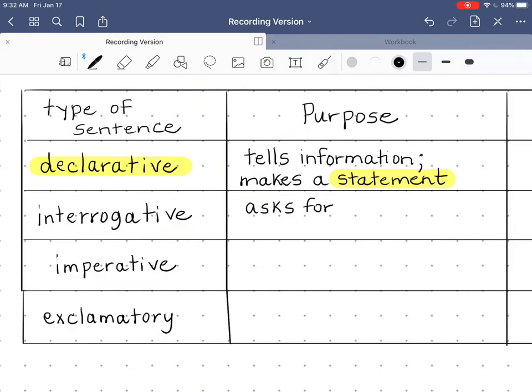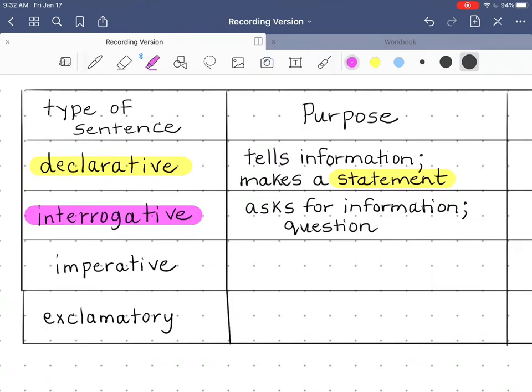It asks for information. Instead of telling you information, it asks for information. So this one is a question. Interrogative is a question. And I think I'm going to change the colors just to keep these separate.